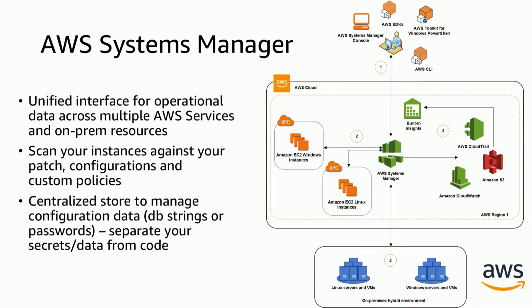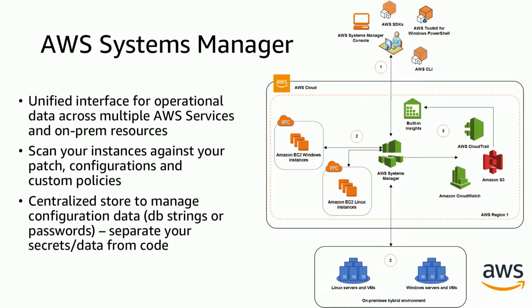AWS Systems Manager is another very important thing. It helps you with resource monitoring, not just within your AWS infrastructure, but also your on-premises resources. And it offers you a single unified operational UI, right?